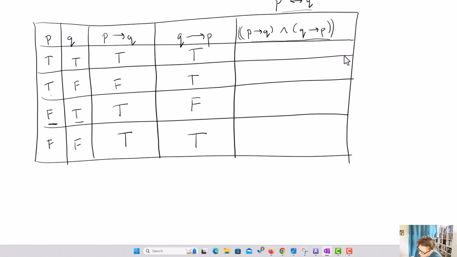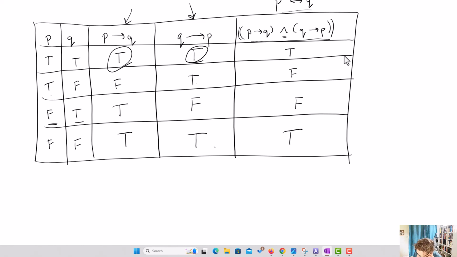Now we've got this and statement, which means, if you remember from our compound propositions, that and is only true when both statements are true. So we look at our conditional and its converse. The first line, both are true, so true. But the second line has one of them false, so that's false, false, and then finally true.